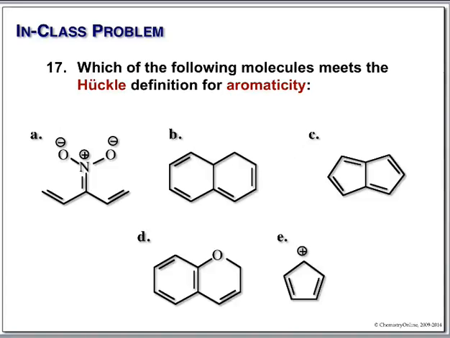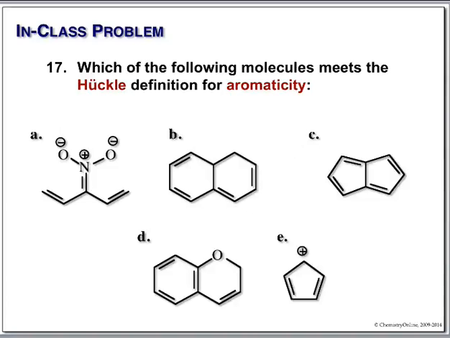This guy down here. It is conjugated. It is planar. And it has 4 pi electrons. Is that a Huckel number? No. So which one works here?